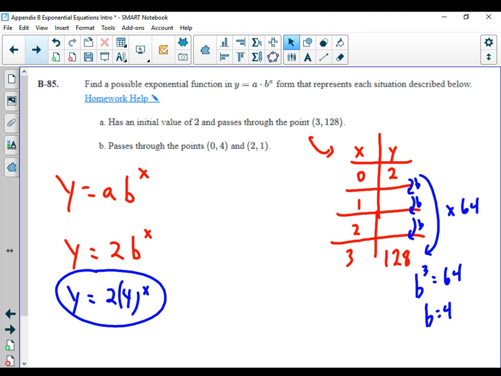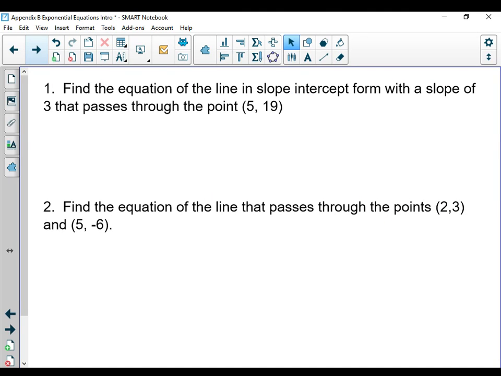All right, here's what I'd like you to do to begin with for our new part. This is actually a review, but it's going to lead into our new part. I've got 2 situations. The first one, I want you to see if you can find the equation of the line. Now we're thinking about lines. We're going to write it in slope-intercept form, so y equals mx plus b.